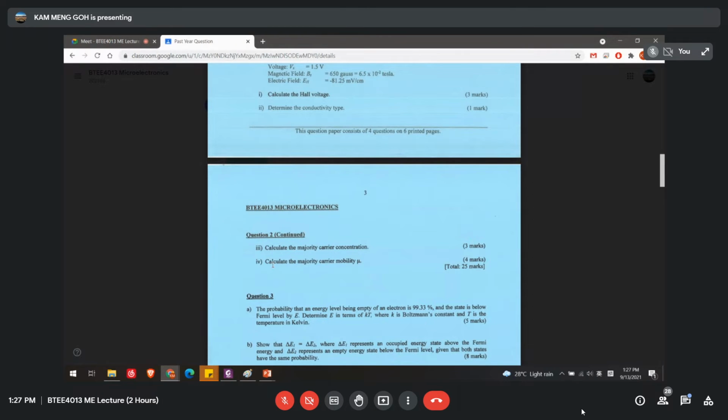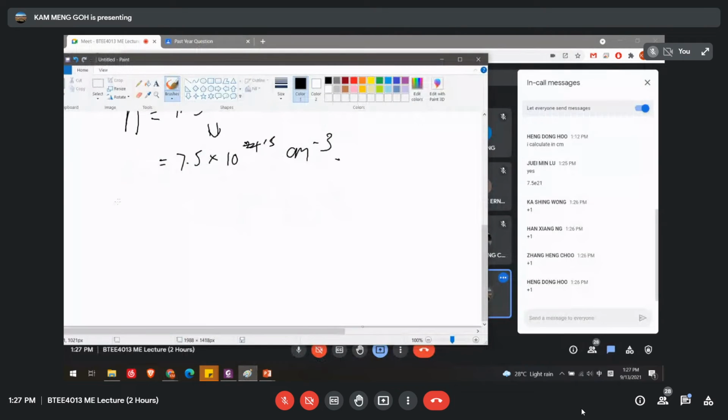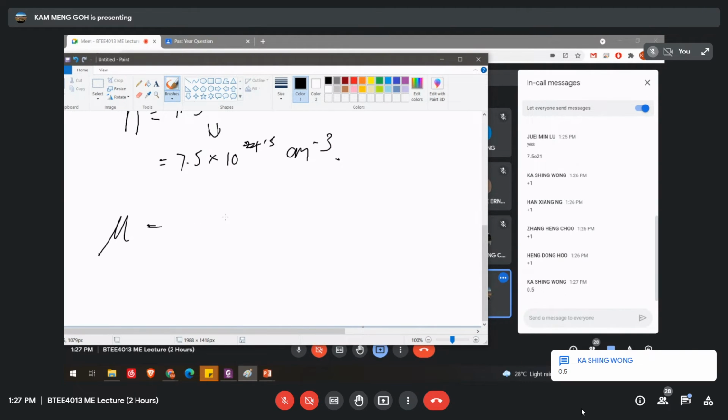Calculate the majority carrier mobility, mu. Okay, what is the mu? Wong Ga Seng, what's the answer for this mobility? 0.5. The rest of you, do you get the same answer as your friend?